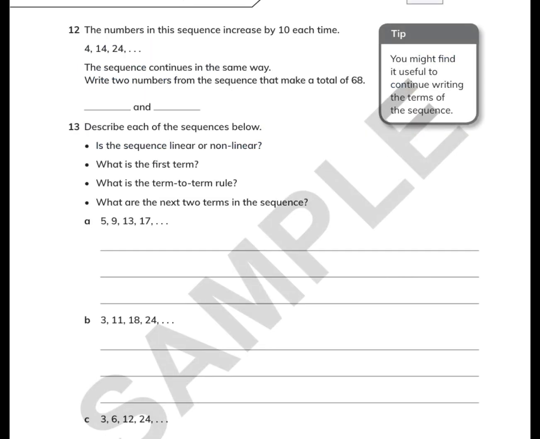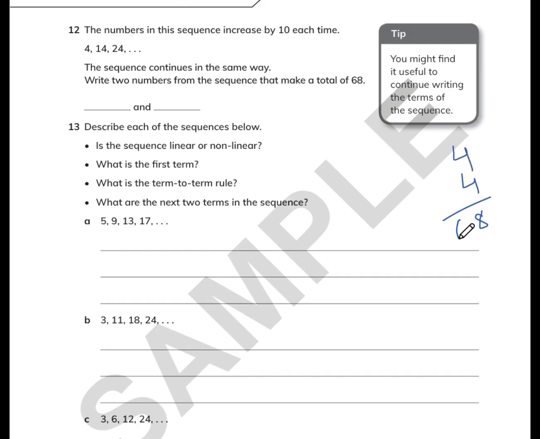Question number 12. The numbers in this sequence increase by 10 each time: 4, 14, 24. The sequence continues in the same way. Write two numbers from the sequence that make a total of 68. Okay, since all the numbers in our series end in 4, the units will add up to 8.